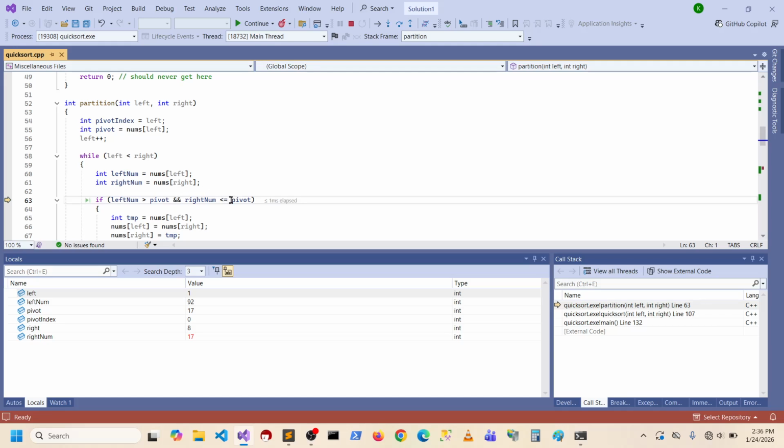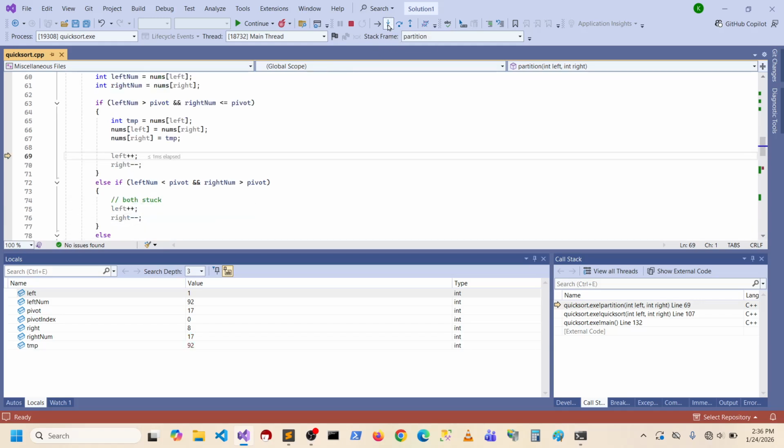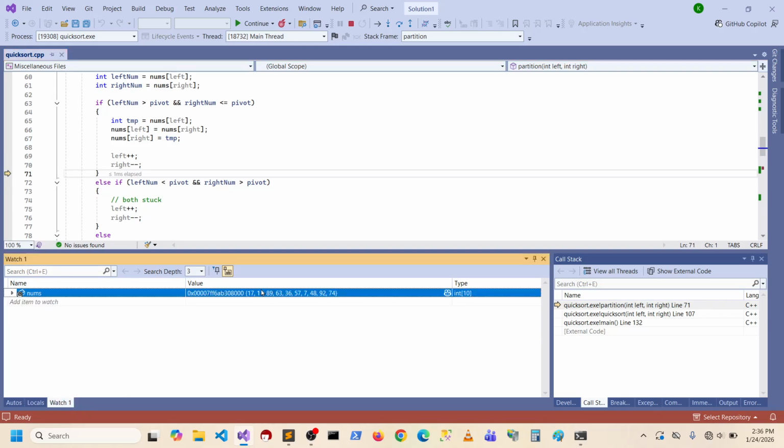Got that one right there. So we swap that. Got 17s over here.